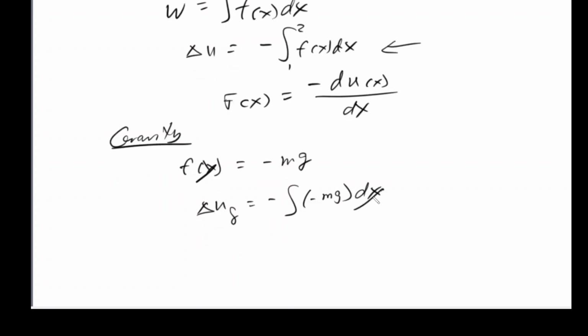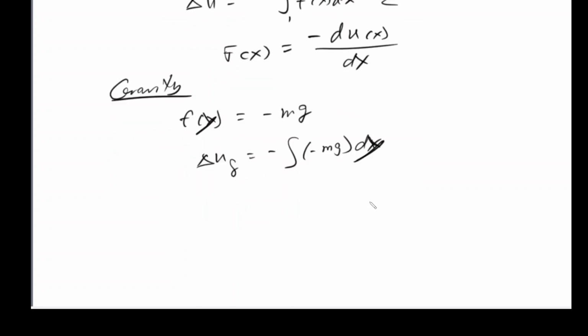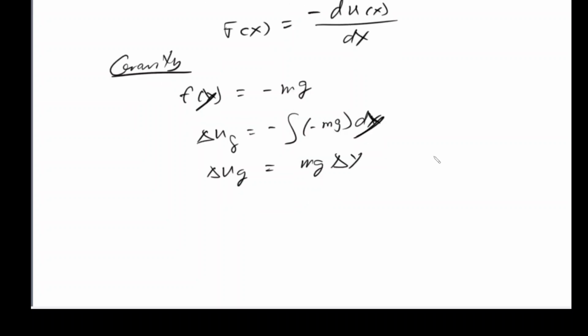I'm sorry, that would be dy, because we're in the y axis. So the change in potential energy for gravity is equal to mg change in y. And if we start with y0, our reference point, equal to 0, we get the potential energy as a function of y equal to mg times y, which is the height.